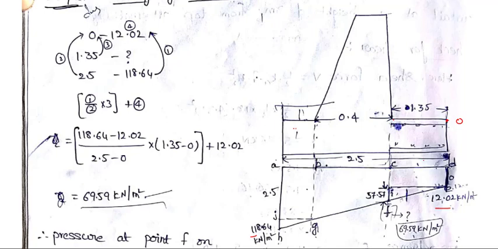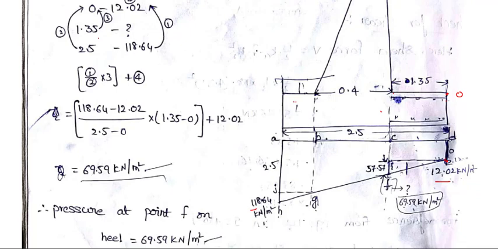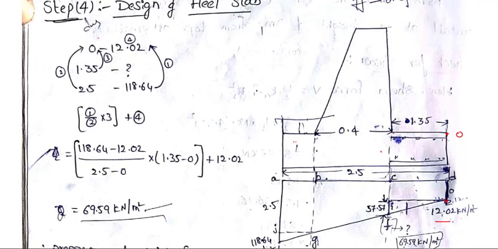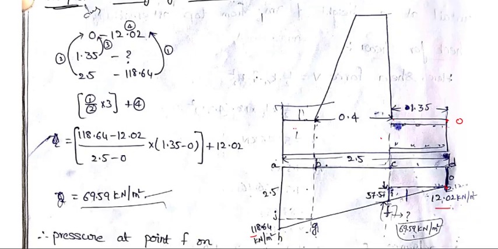Now at point 0, at here what is the value? 12.02. Now at C, at this junction, at the heel junction, what is the pressure? We need to check here.